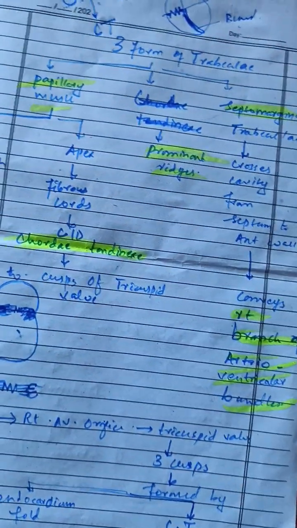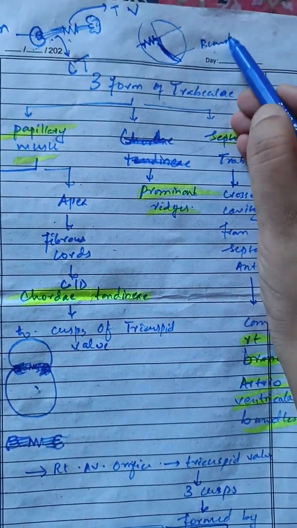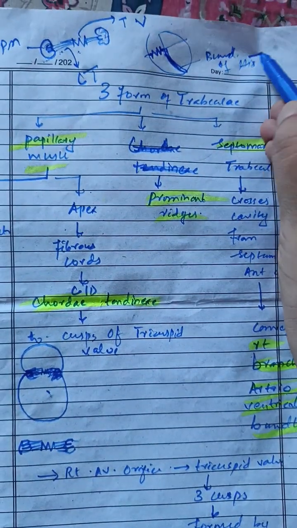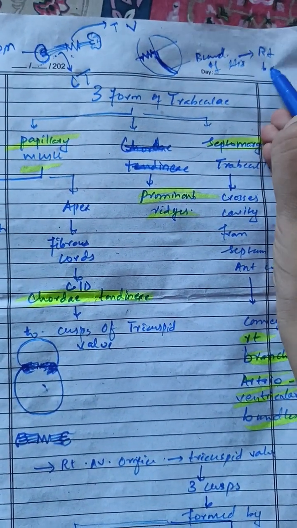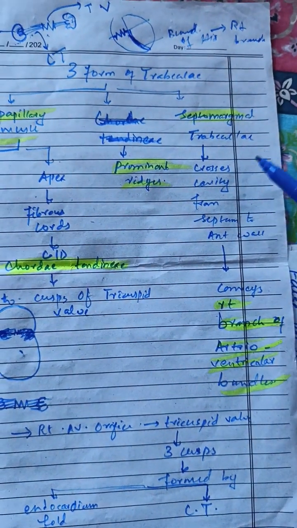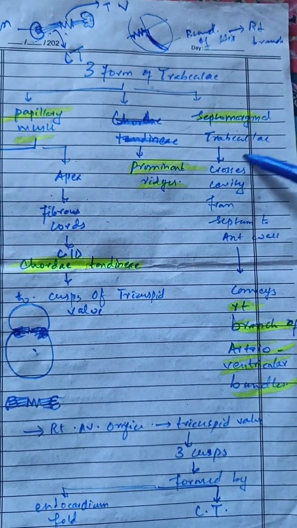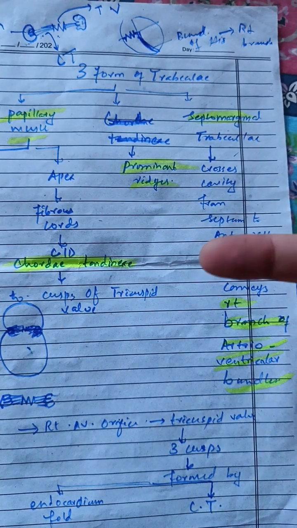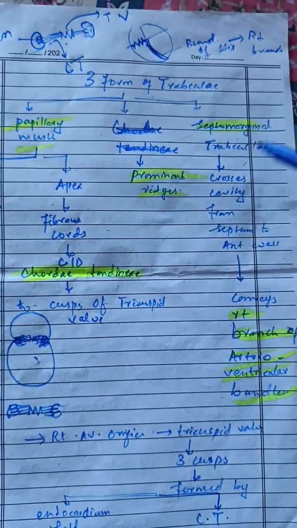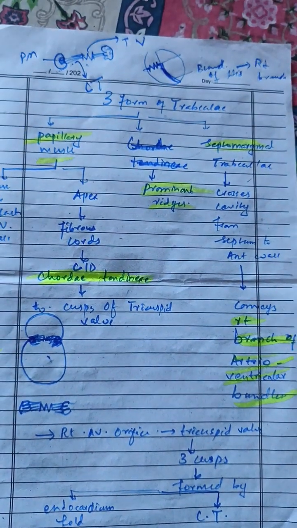The bundle of His consists of a branch called the right branch, which is present in the muscle ridges called septomarginal trabeculae, and this septomarginal trabecula crosses the cavity from the septum to the anterior wall.